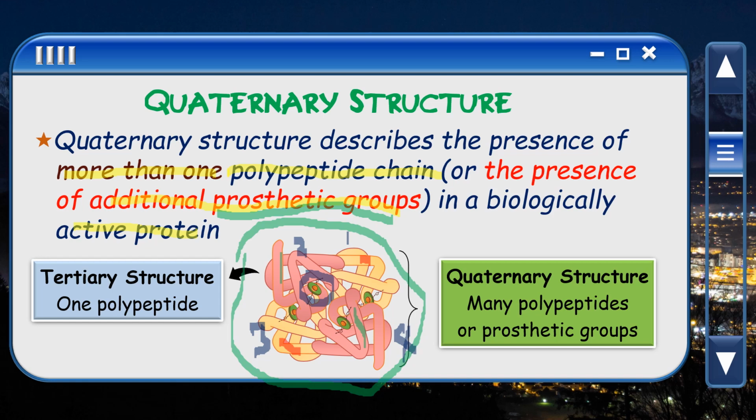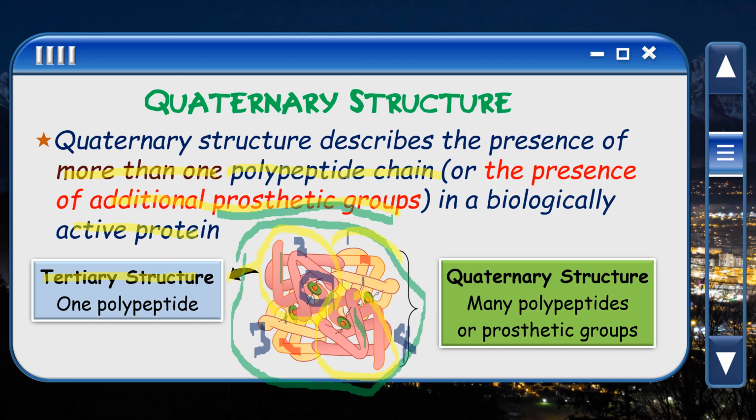And we also have 4 prosthetic groups inside, 1, 2, 3, and 4. Now that structure, when it comes together, we call it a quaternary structure. Because this structure which we are having here, all this structure which we are having here, is a tertiary structure. This one here is a tertiary structure.